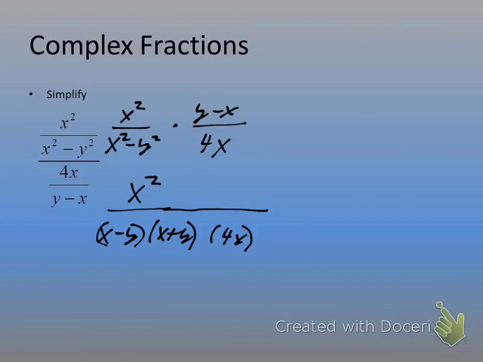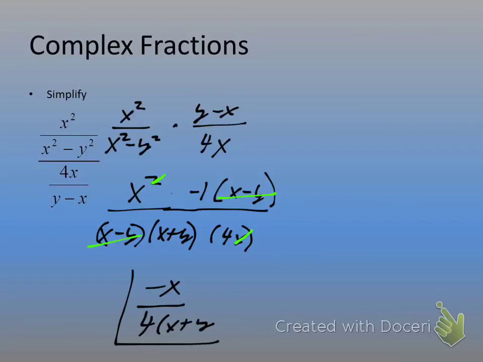So you need to factor out that negative 1 out of the top. That way you can go ahead and cancel out those x minus y's. Okay, you have to see that, and that takes practice. And you can also cancel out one of these x's with one of these x's, x on top and bottom, to leave you with negative x over 4 times x plus y.